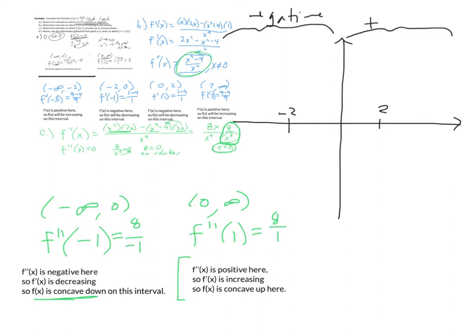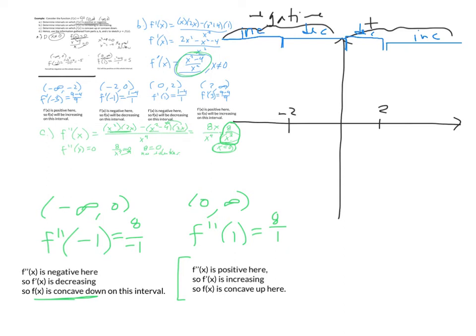Sorry that I'm going to write over my writing here a little bit, but maybe I can do it up here. Between negative infinity and negative 2, my function needs to be increasing, and between 2 and infinity, my function needs to be increasing. And then between negative 2 and 0, and between 0 and 2, my function needs to be decreasing on both of these. Okay?